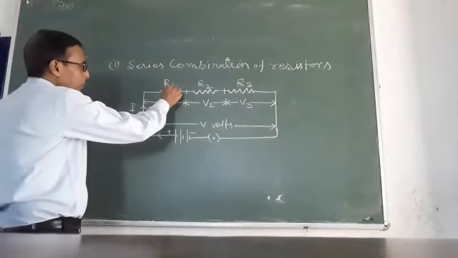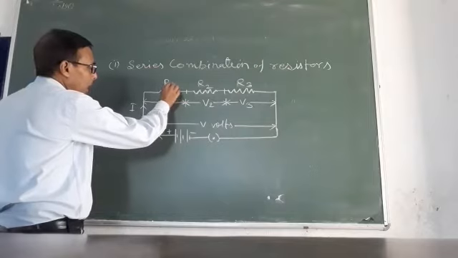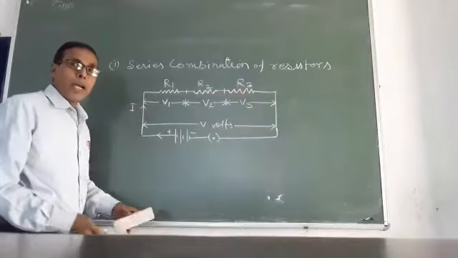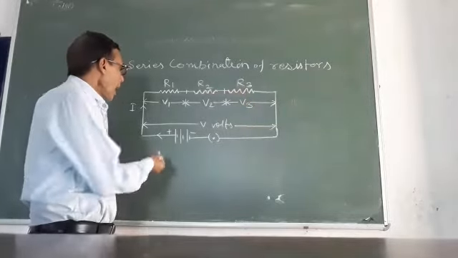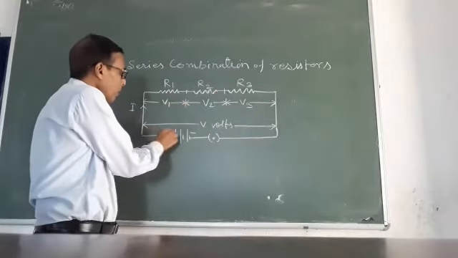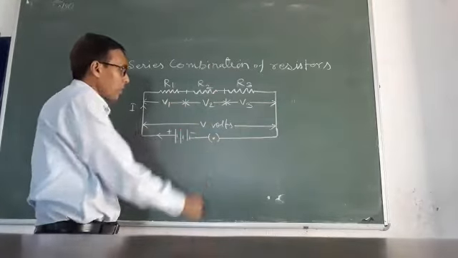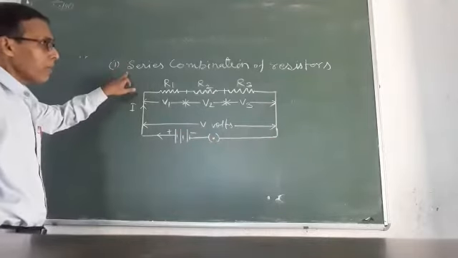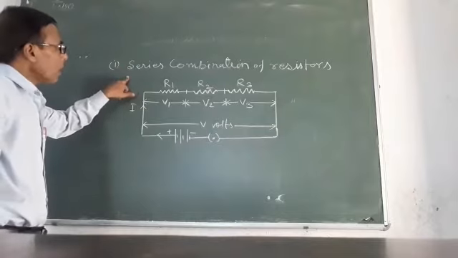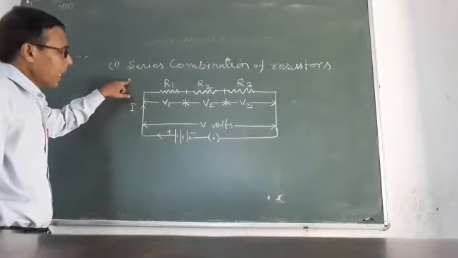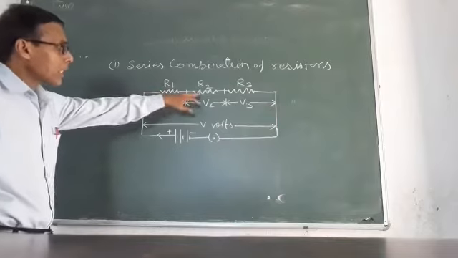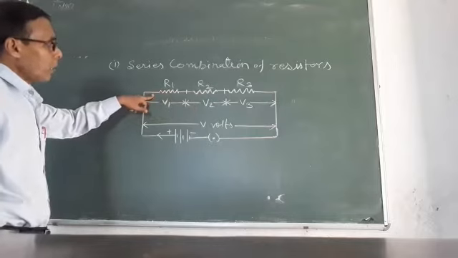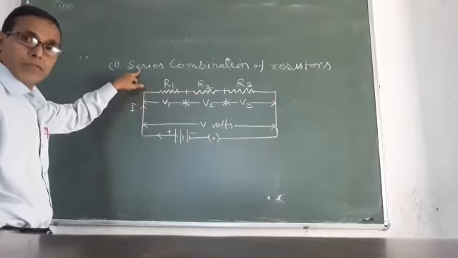So here, three resistors of resistances R1, R2 and R3 are combined in series, and these three resistors are connected with a battery of V volts and a switch. Now, when the current flowing through each resistor is the same, the combination of resistors is said to be connected in series.